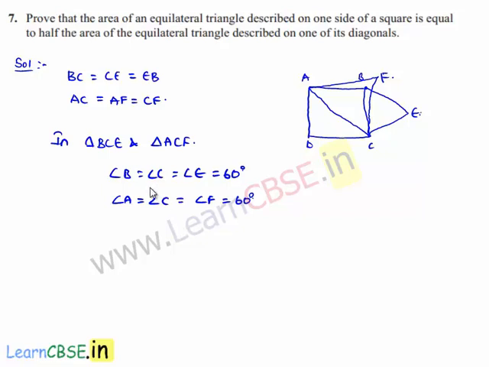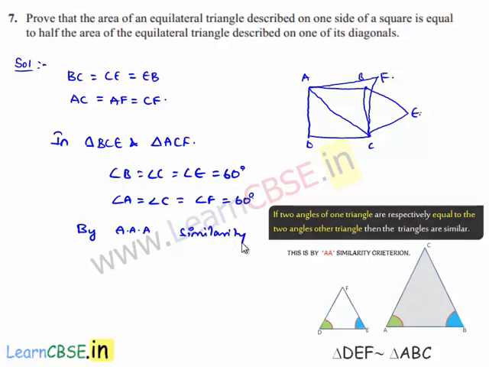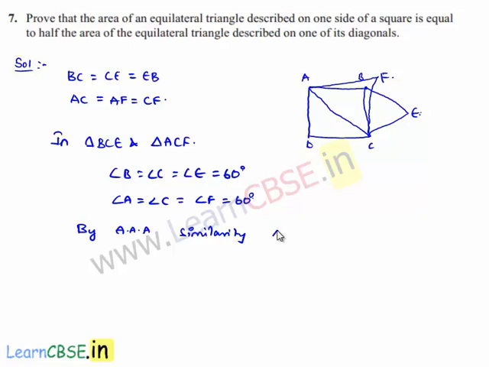So as the corresponding angles, that are all the three angles of two triangles, are equal, by AAA similarity, we can say triangle BCE is similar to triangle ACF.